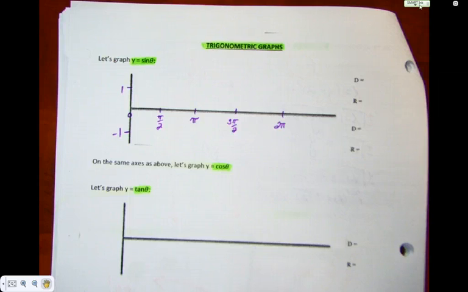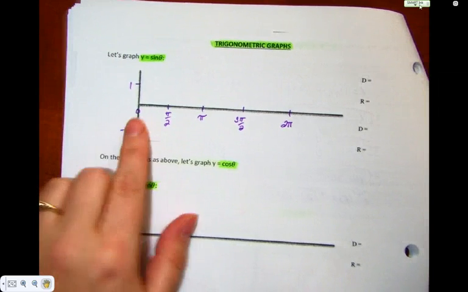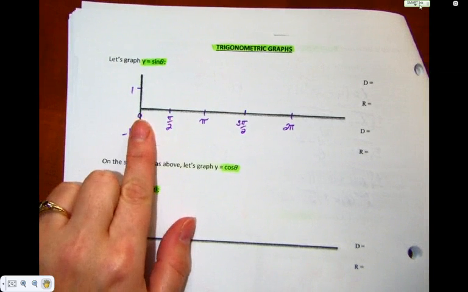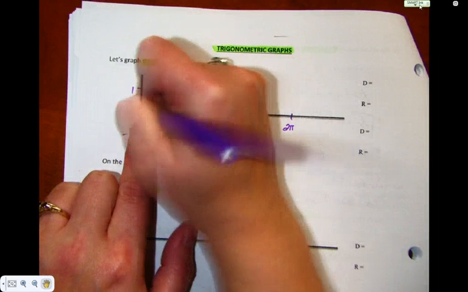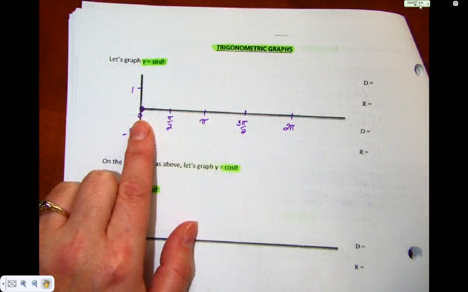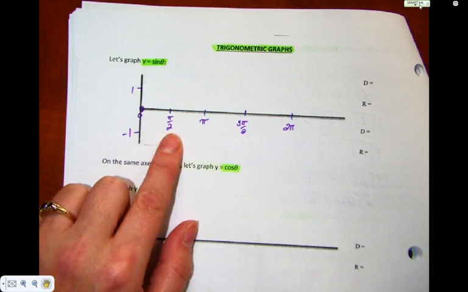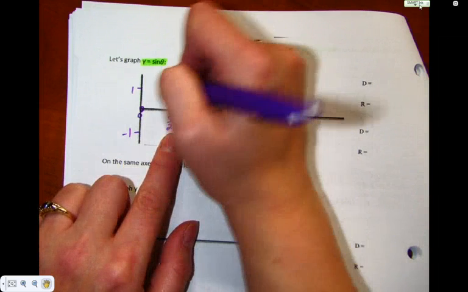Okay, so let's talk about sine. So you're picturing the y coordinate. When we start the circle, the right-hand side, what is the sine value at 0? So right-hand side of the circle, what's the sine value? 0. Top of the circle, 1.